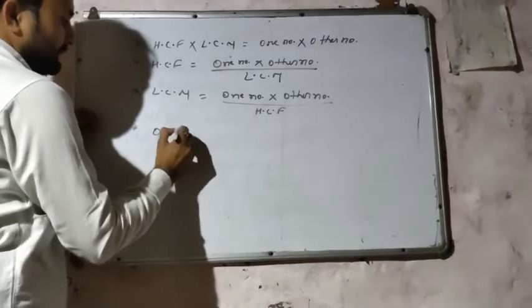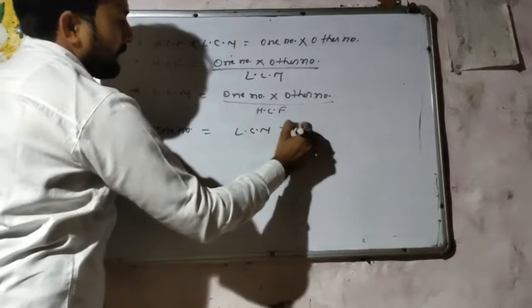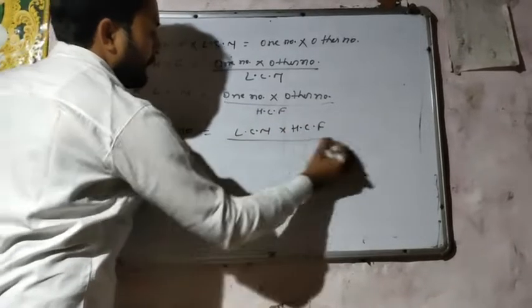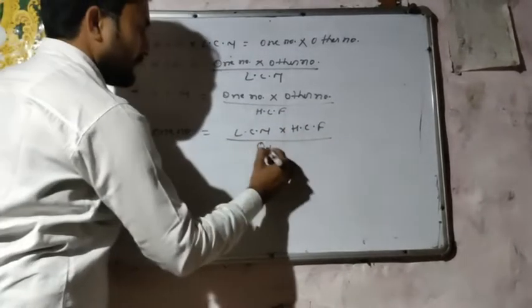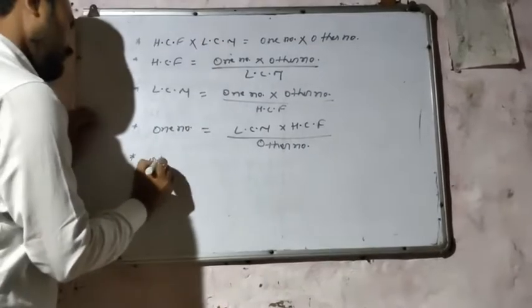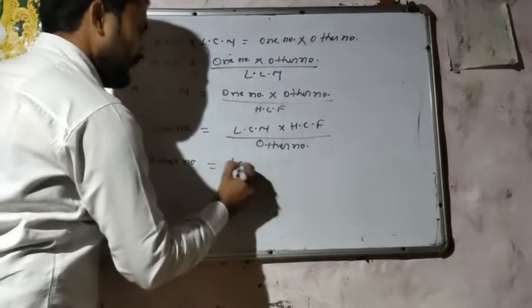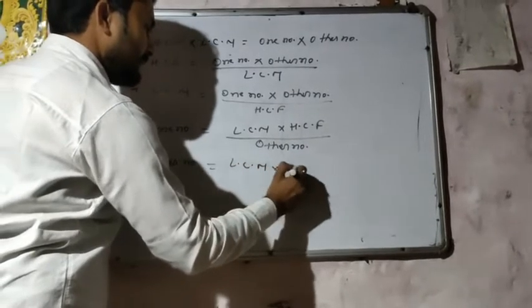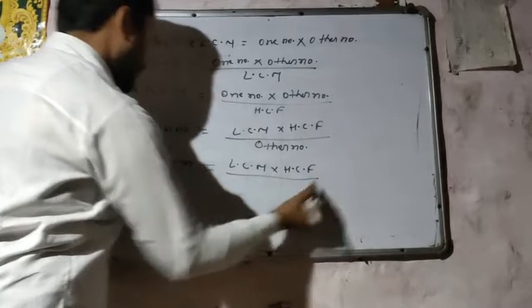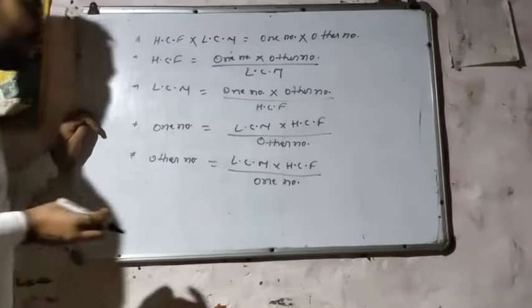One number equals LCM into HCF by the other number, and the other number equals LCM into HCF by one number.